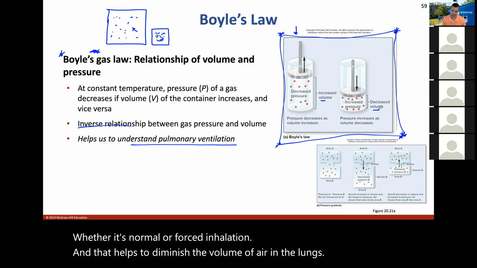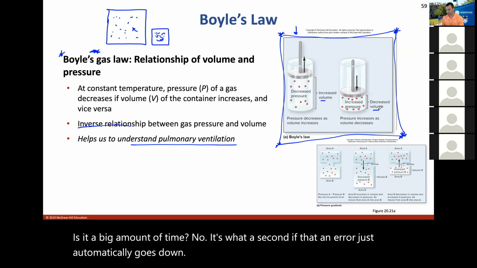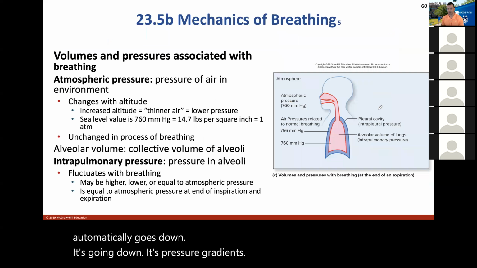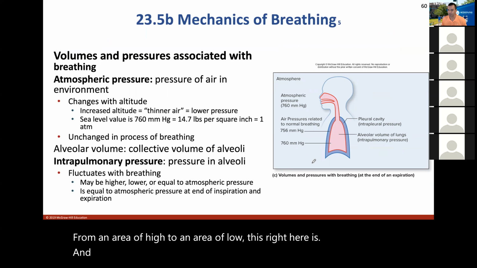Is it a big amount of time? No. It's what, a second, if that? And air just automatically goes down its pressure gradients from an area of high to an area of low. And for that fraction of a second before you go, everything's equal.